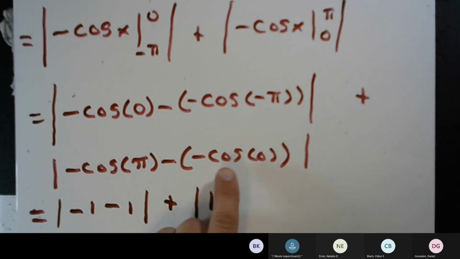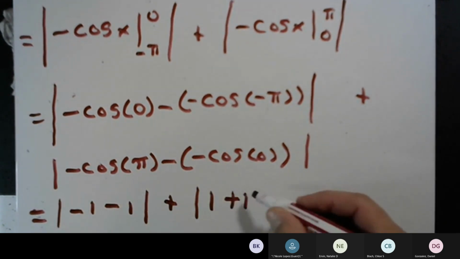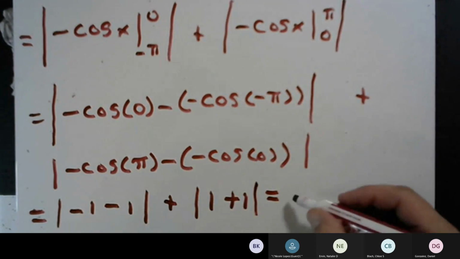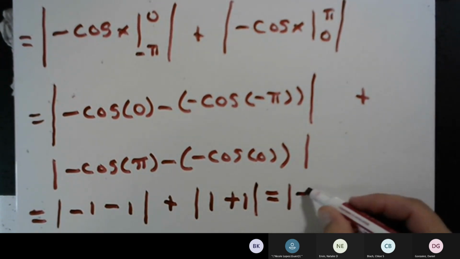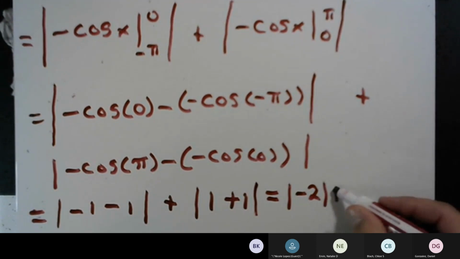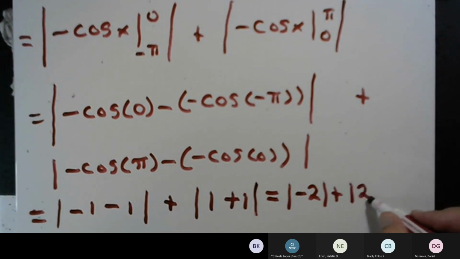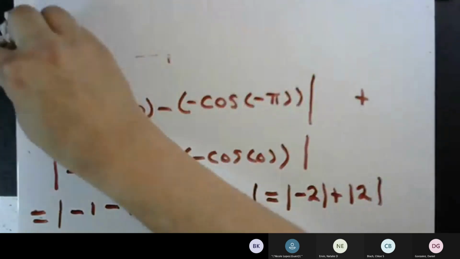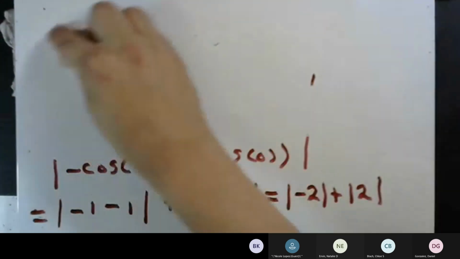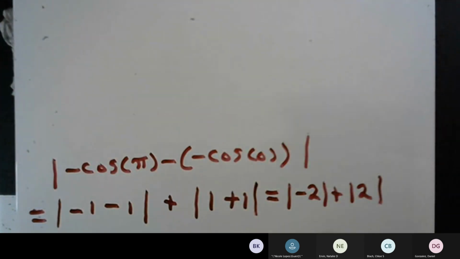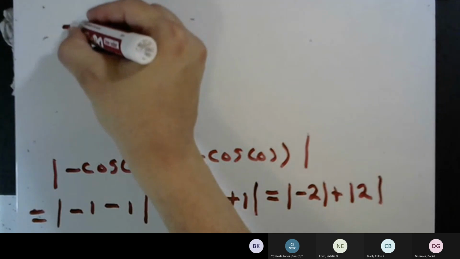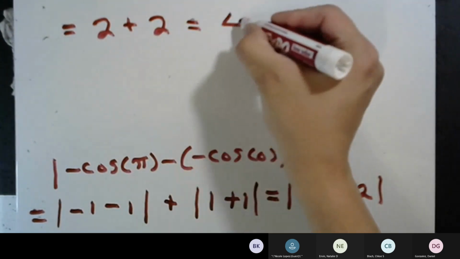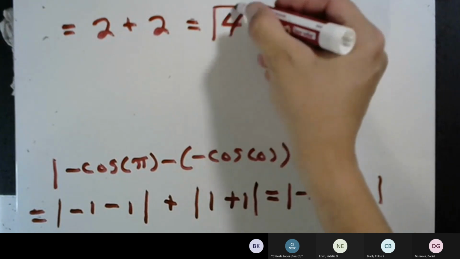That makes it negative 1, so that's a positive 1. And so we end up getting the absolute value of negative 2 plus 2. We get 2 plus 2 is equal to 4.